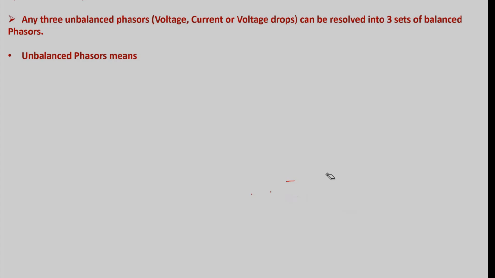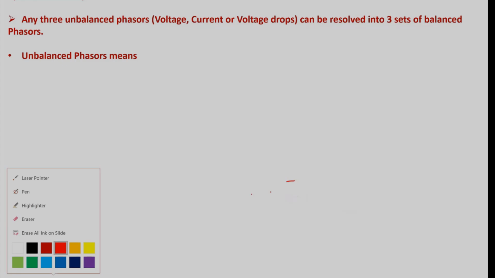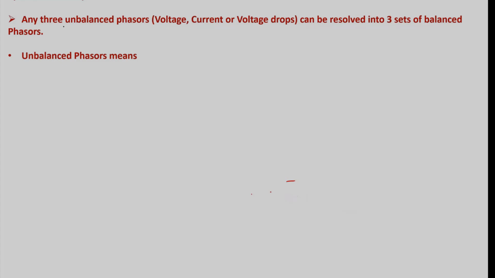is said: any three unbalanced phasors can be resolved. What are the unbalanced phasors which we can encounter? They may be voltages, they may be currents, or they may be product of current and impedance, which will become voltage drop.